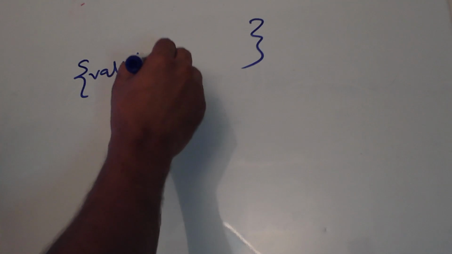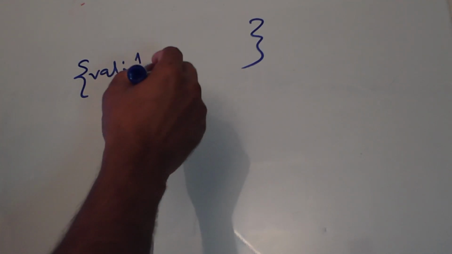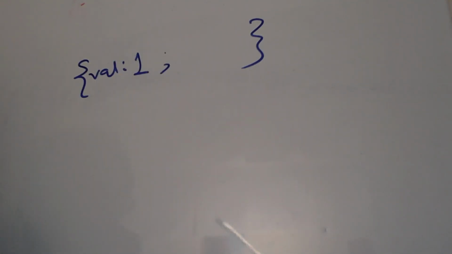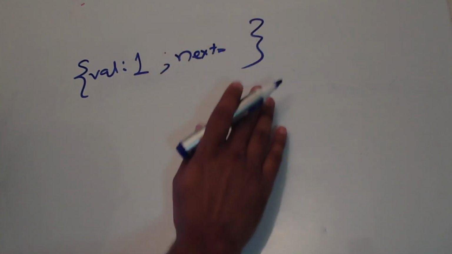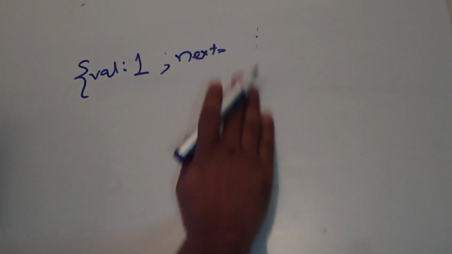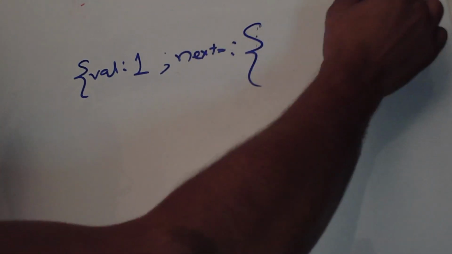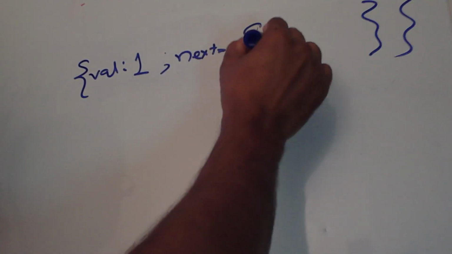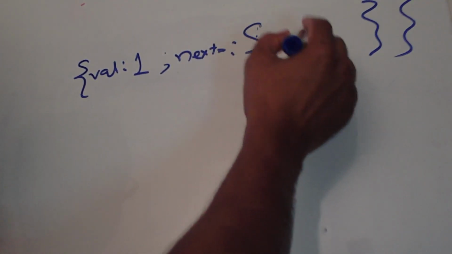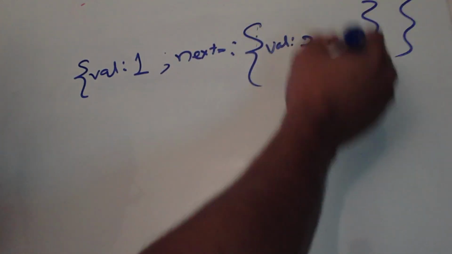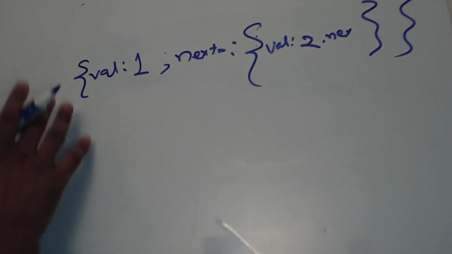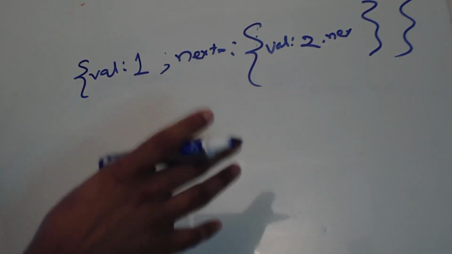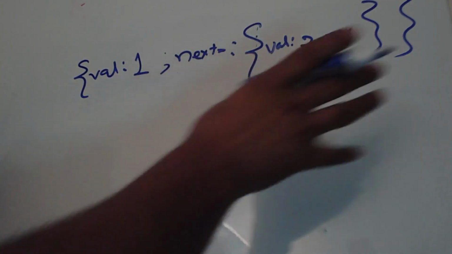But it will also have a pointer called next, and the next pointer will be pointing to another object. So this will be a similar object again that will contain another value, maybe 2, and we'll have the pointer again. And as we add values, the chain structure will keep increasing.